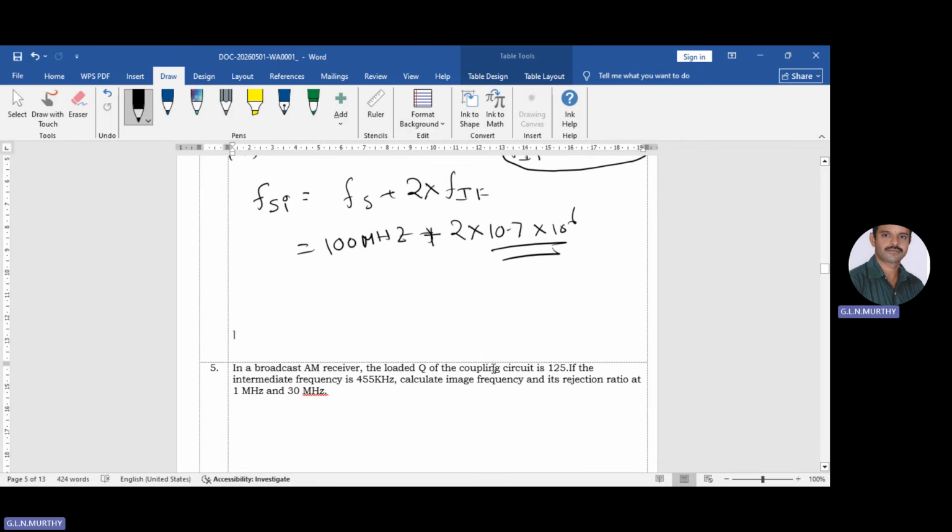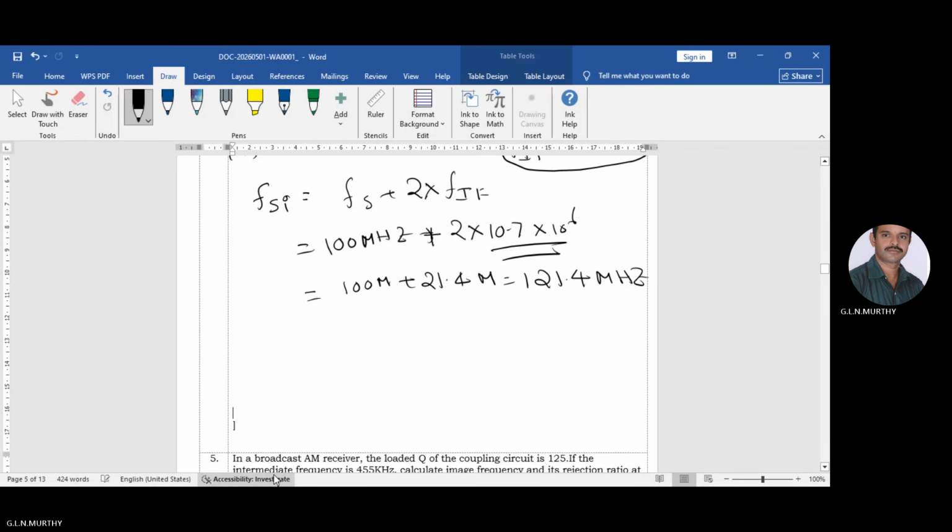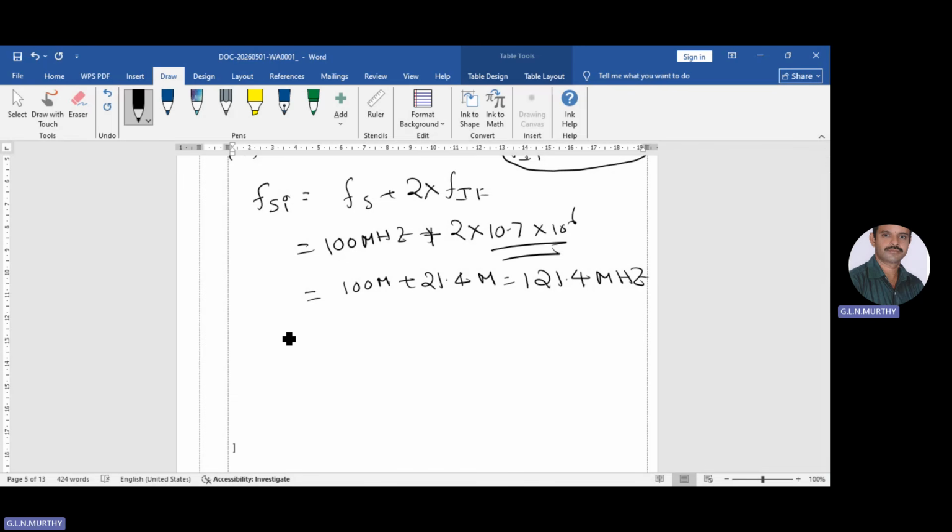So the value of FSI will be 100 mega plus 21.4 mega equals 121.4 megahertz. Before going for alpha, get rho. Rho equals FSI by Fs, 121.4 megahertz by 100 mega, minus 100 mega by 121.4 mega.